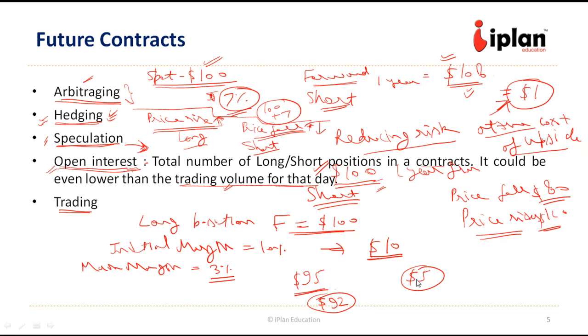Since the maintenance margin is 3%, which he is not able to maintain, he has to again fulfill it to 10%. So he has to pay $8 so that it is again back to the $10 initial margin level. So at the end of the day, the profit or losses will be adjusted to market value. It is called mark to market. This is how we are going to trade in the futures market.